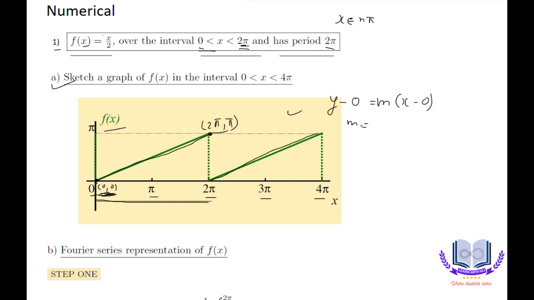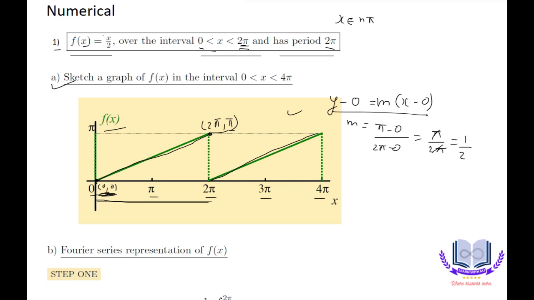For m, we know m is y1 minus y0 over x1 minus x0. So y1 is pi and y0 is 0, so pi minus 0 over 2 pi minus 0. After this the pi will cancel out and give you the value of m as 1 by 2.